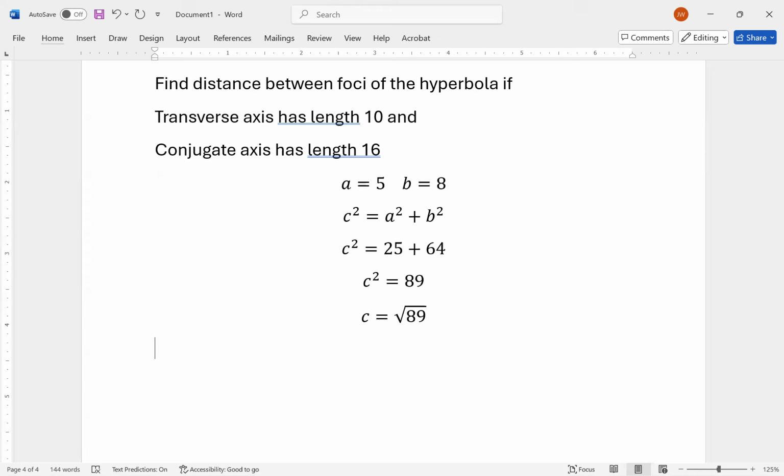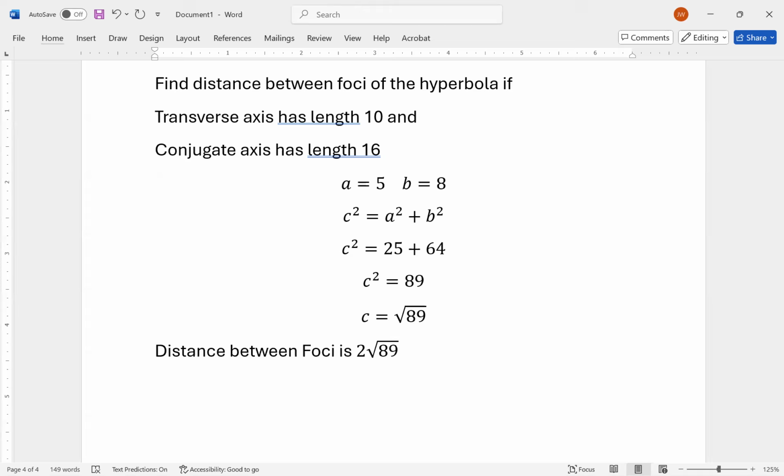And that means the distance between the foci is double the square root of 89. So there you go. The distance from the center to one focus is the square root of 89. The distance from the center to the other focus is the square root of 89.